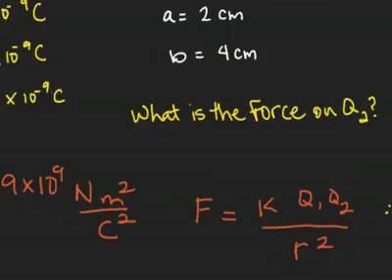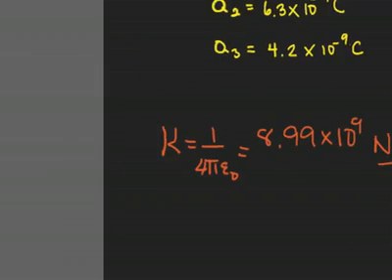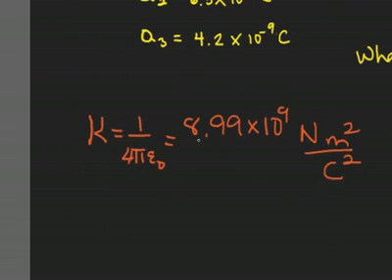Remember, force is proportional to the product of the charges and inversely proportional to the distance between the charges squared, where K is Coulomb's constant, 1 over 4 pi times the permittivity constant, which gives you 8.99 times 10 to the 9th newton meters squared over coulomb squared.